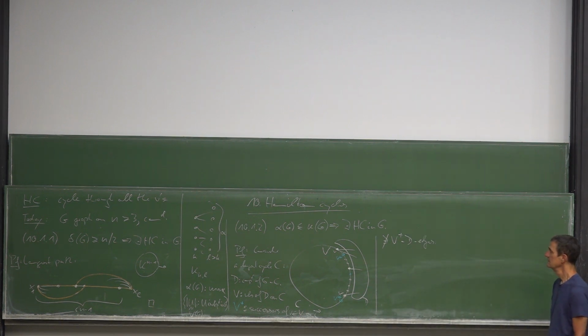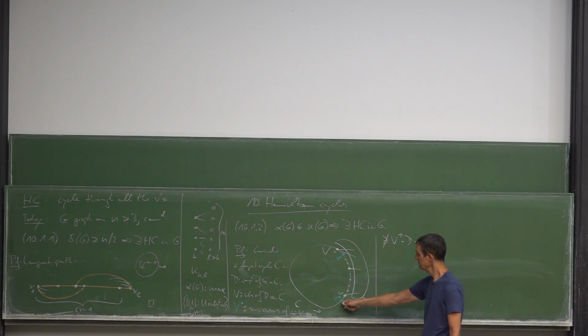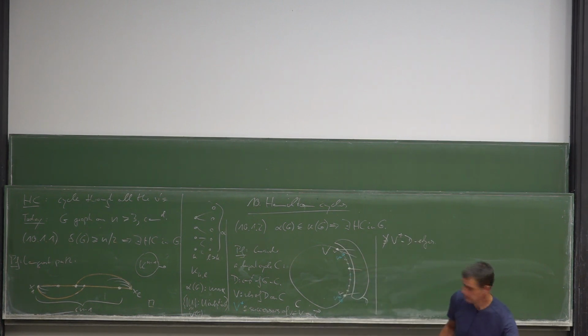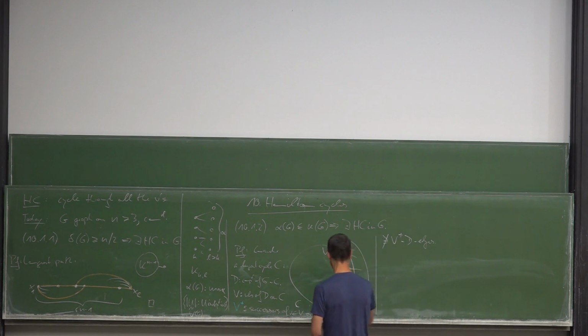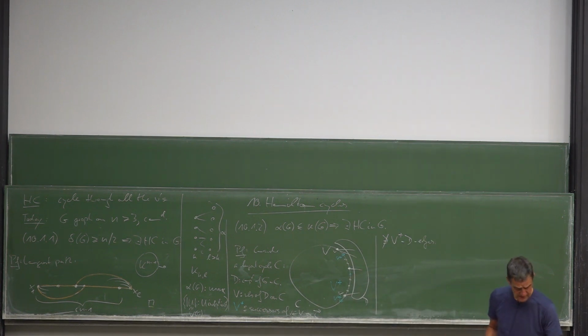That's the same as saying that big V plus is disjoint from big V. Why?